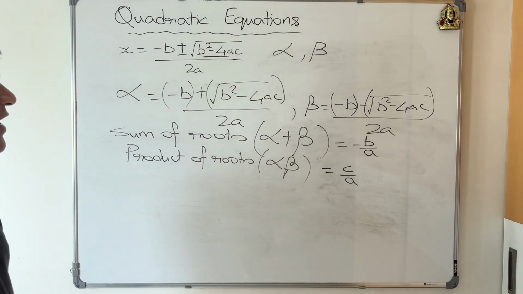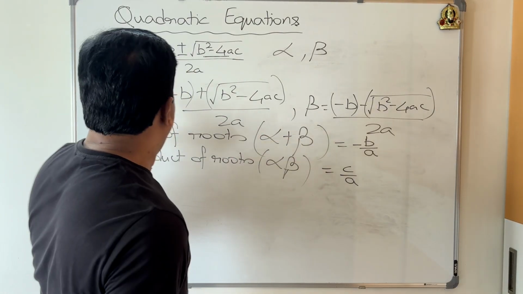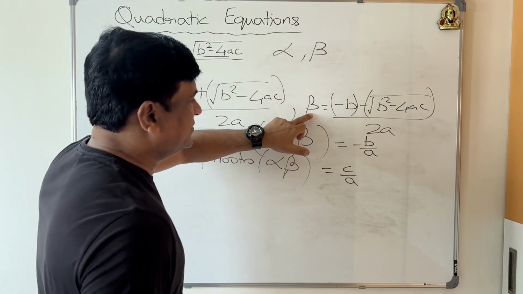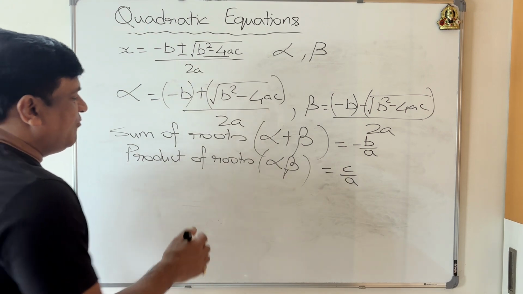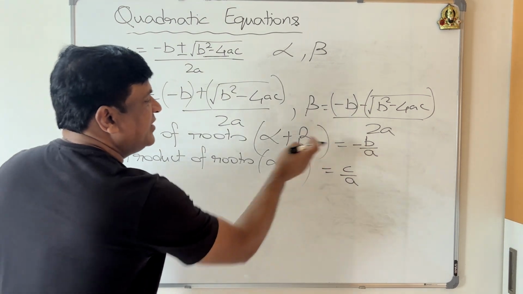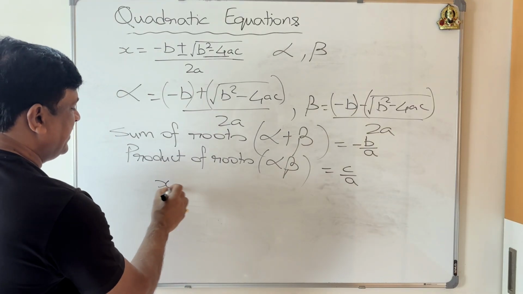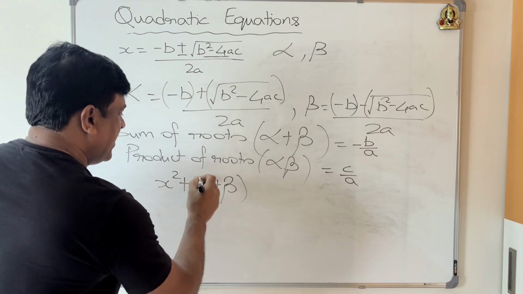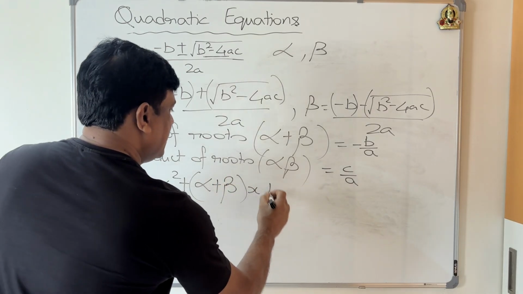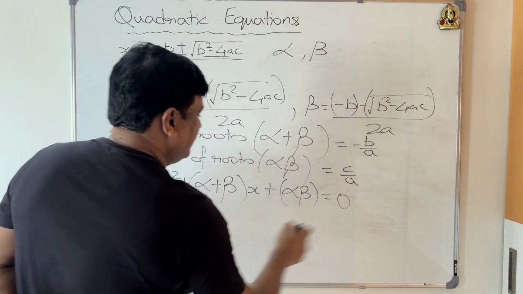Okay, so now look at it. If they have given you the individual roots, you can directly write the quadratic equation. But there is a format of writing the quadratic equation if you have the sum of roots and product of roots. The formula is this one: x square minus (alpha plus beta) times x plus alpha beta is equal to 0.